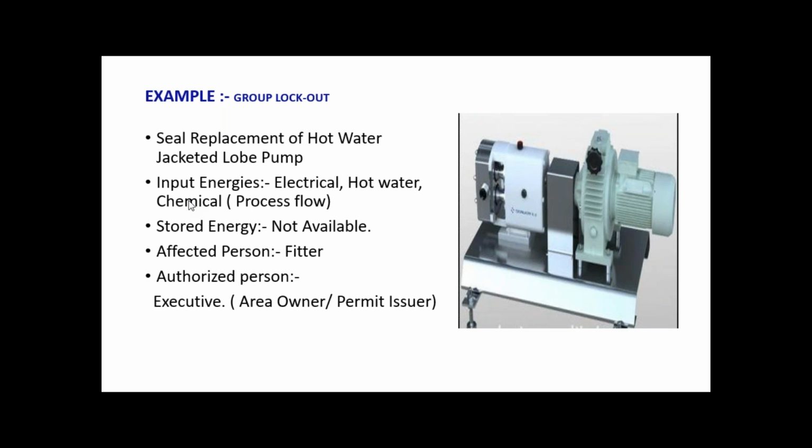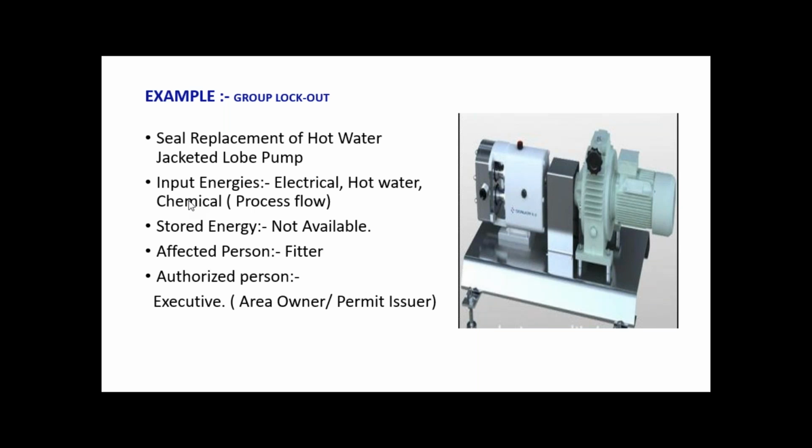There is no stored energy available in this pump, but the affected person is the fitter and the authorized person is the executive. So only one person from this crew, from this group, is the authorized person who can give guidance to the other members present in this group activity. So this is the group lockout system.